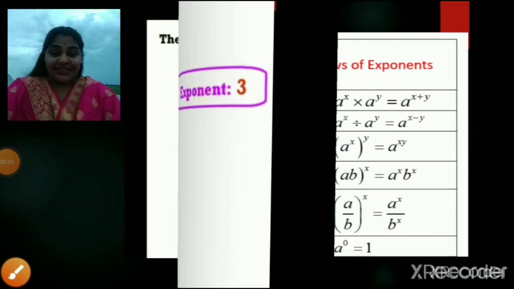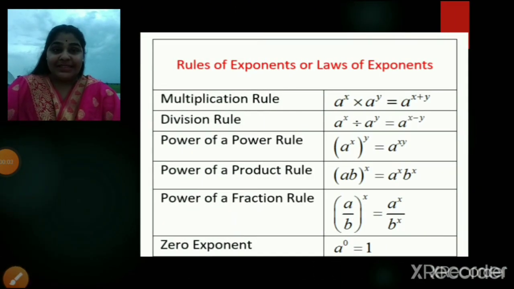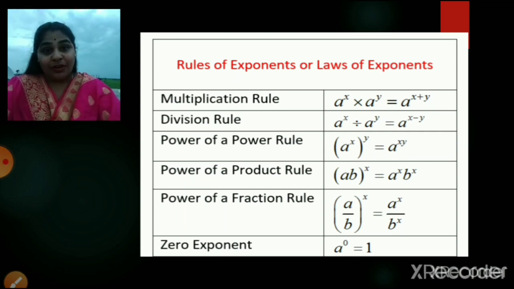So the next is, we have also seen some rules of exponents, also known as laws of exponents.